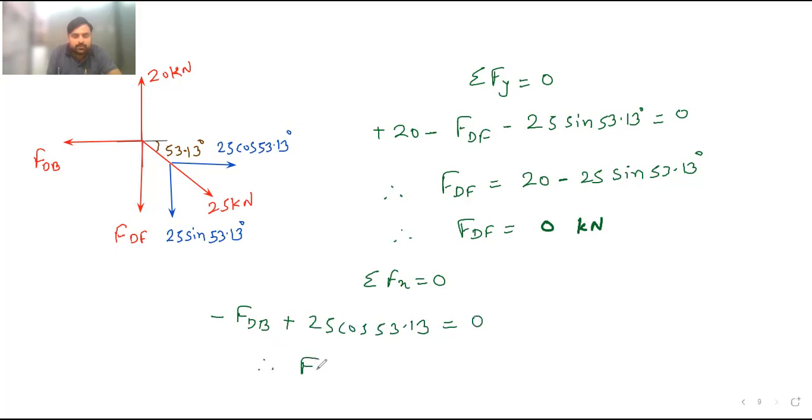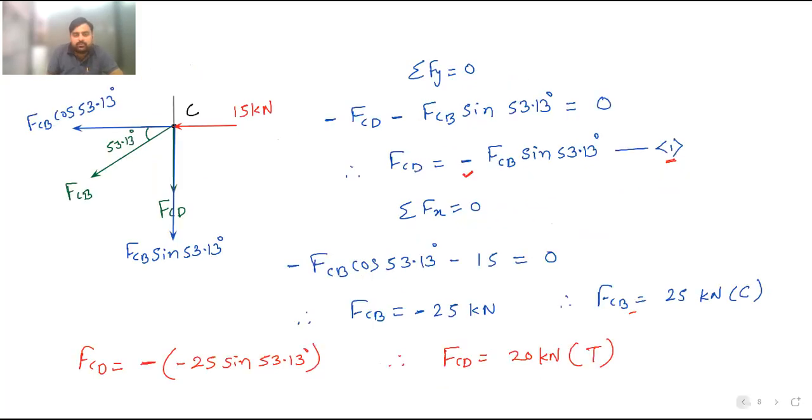So therefore FDB is equal to how much? It is 15 kilonewton. Positive answer we have got, so it is tensile. So DB is tensile and DF is 0.